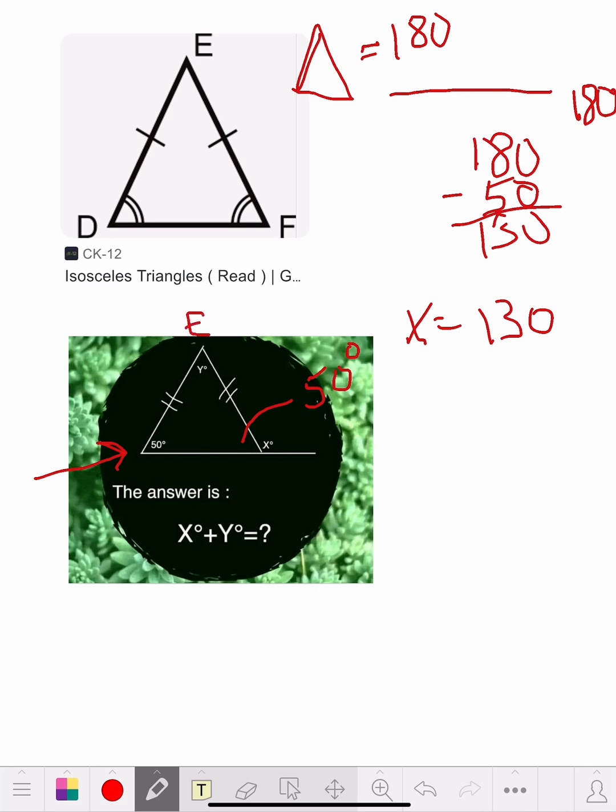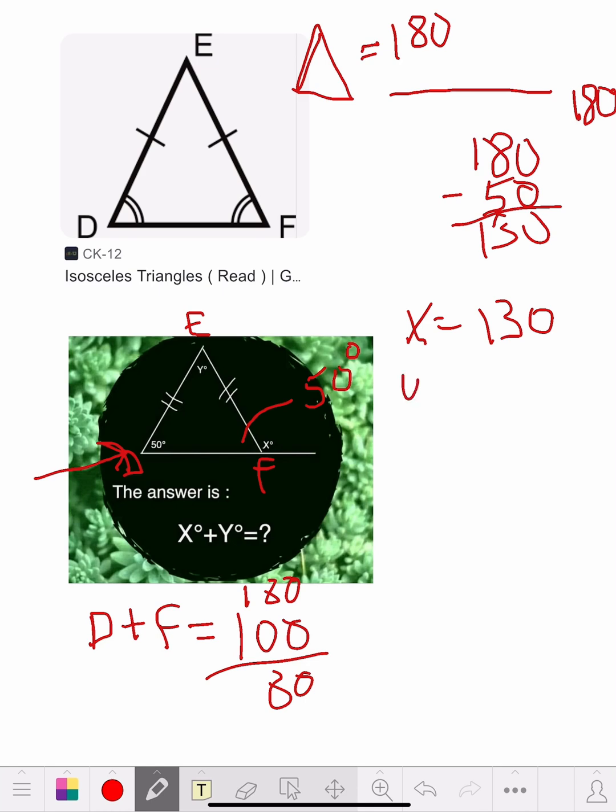So we got E, F, and D. If angle D and F equal 100, we know the whole triangle is 180. So that means angle E at the top, which is y, equals 80.